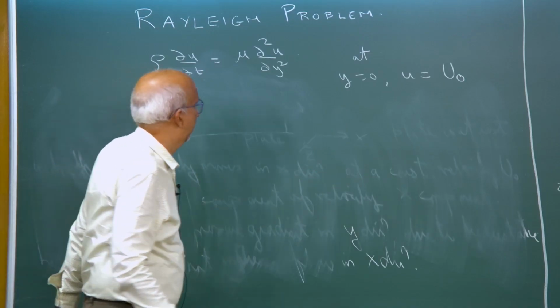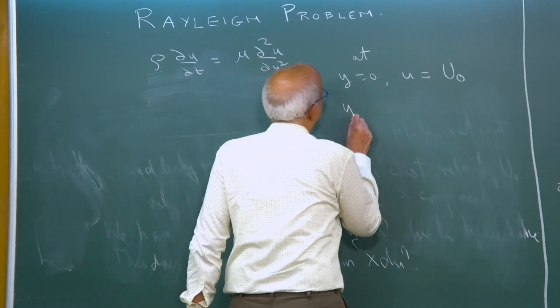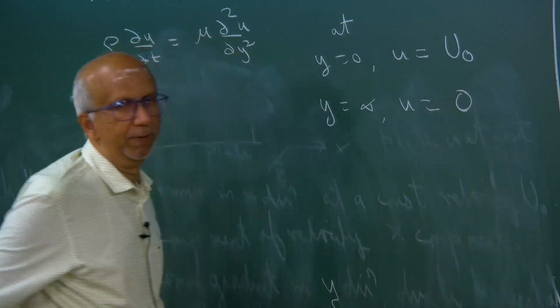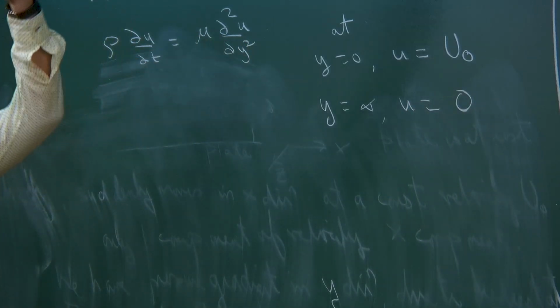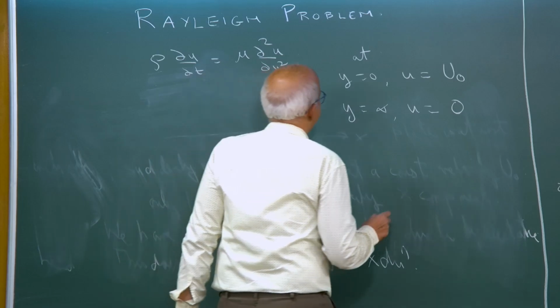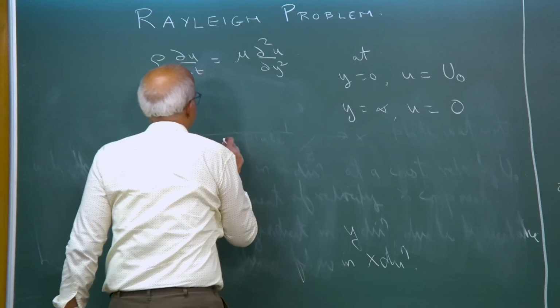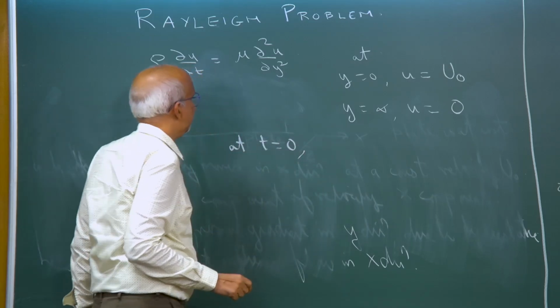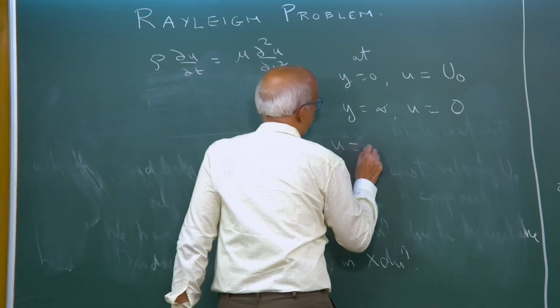Okay. And at y equals infinity, what will u be? 0, because so far away it does not feel the effect of the plate moving. Okay. So, velocity is 0, and I need an initial condition at t equal to 0, u is equal to 0.